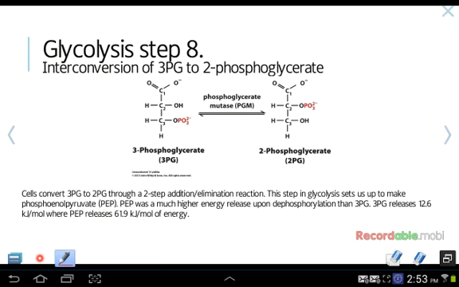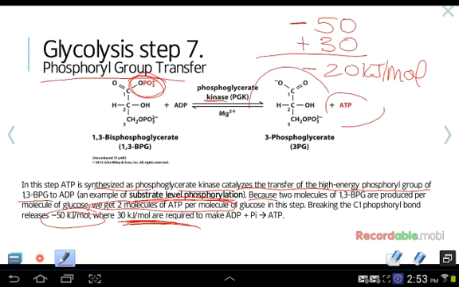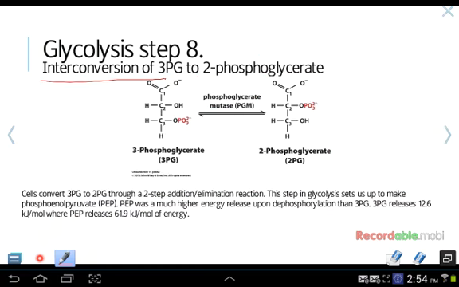Step 8, we have interconversion of 3PG, which is our product after we remove that first phosphate group from C1, to 2-phosphoglycerate. The reason we do this is because it sets us up for the next reaction, as you'll see. So cells convert 3PG to 2PG, so it's just an isomerase reaction, through a 2-step addition-elimination reaction.